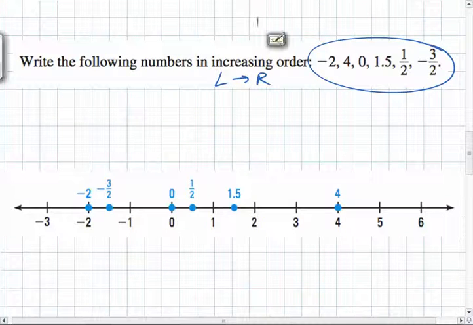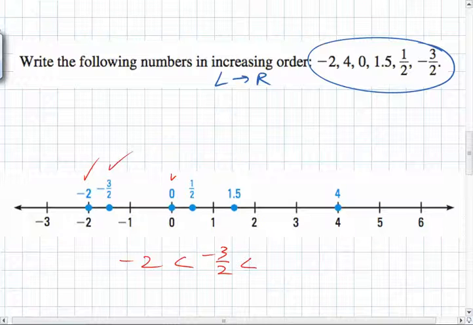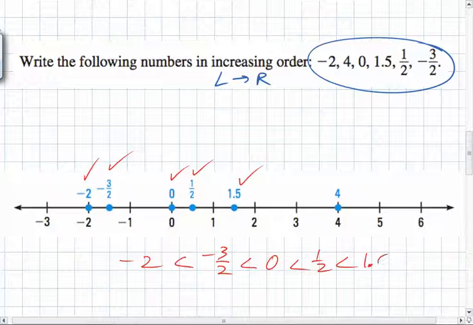So if I were going to write them in increasing order from left to right, the first number on the left is negative 2, and then you know that that's less than negative 3 over 2, which is less than 0, which is less than 1/2, which is less than 1.5, which is going to be less than 4. So you can extend this indefinitely to include as many numbers as you want.